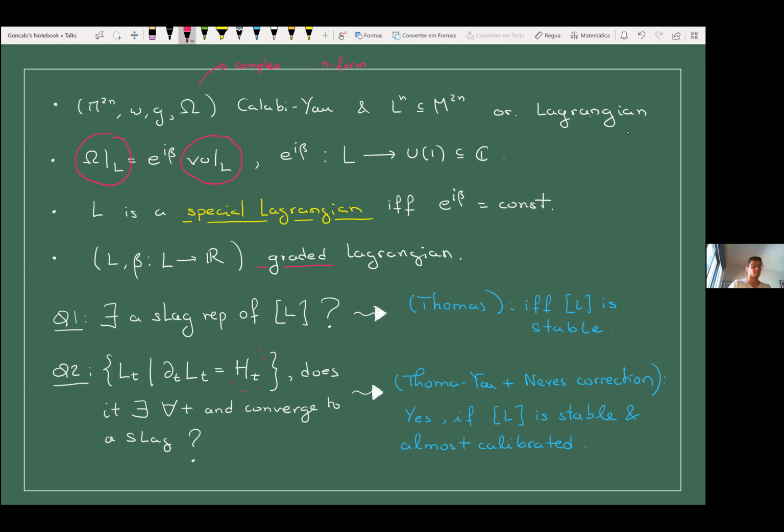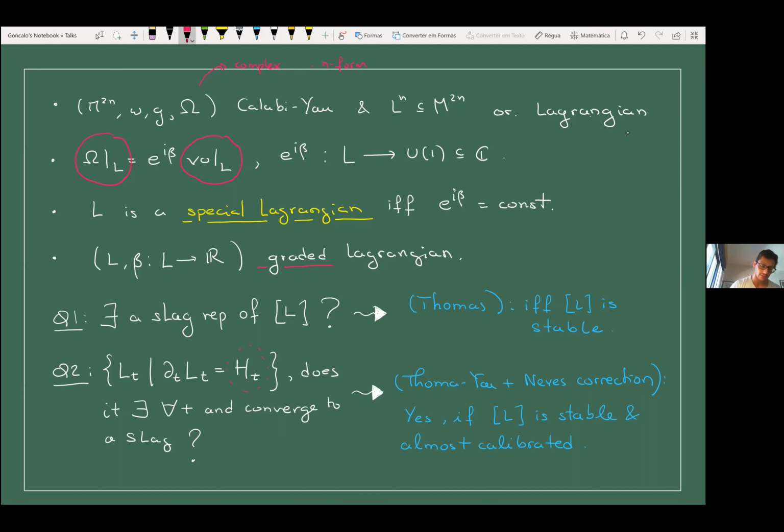In two dimensions it is simply what we had before, but in higher dimensions it is the mean curvature. And so the question is, does this flow exist for all time and converge to a special Lagrangian if it exists?